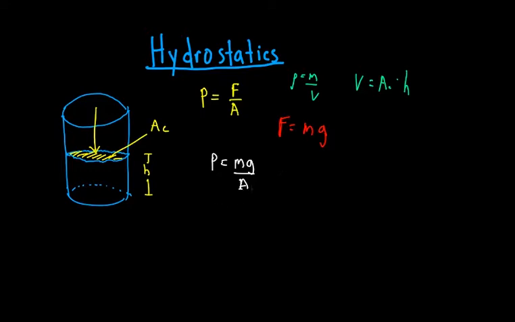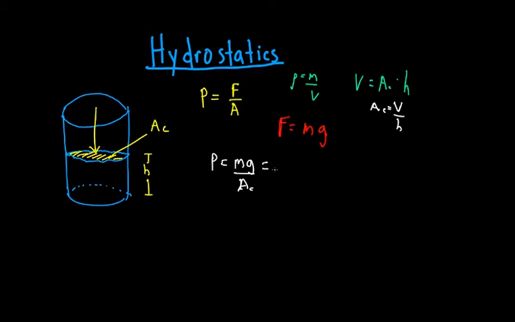If this area right here is the cross-sectional area, and if I solve for the cross-sectional area here, it's going to be the volume divided by height. So let me see if I plug that in, what's going to happen.